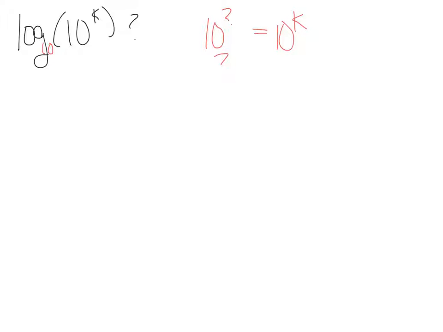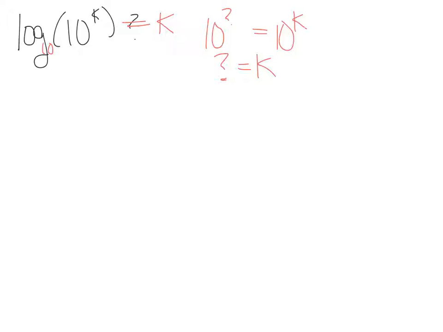Another little review, okay? This is just to get our brains working. What is the log of 10 to the k? Well, remember, if we don't have anything written there, it's a 10. So we would say 10 to the what power equals 10 to the k. Our question mark equals k. So this answer is k.